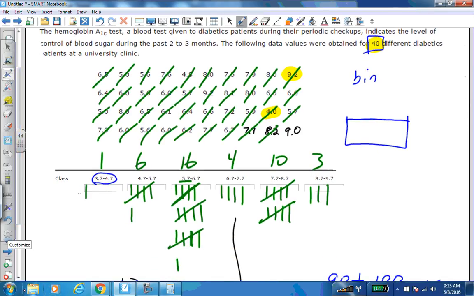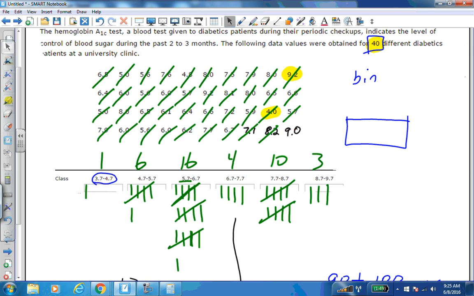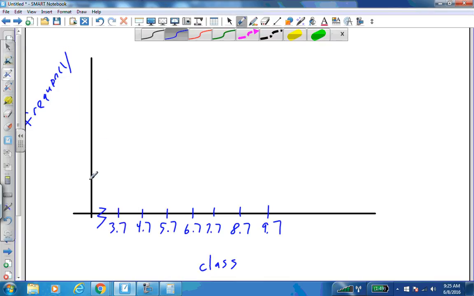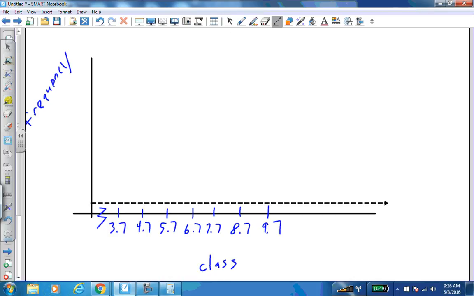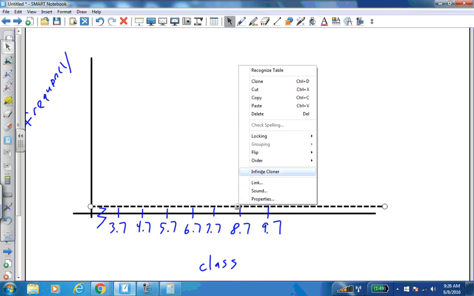Now our largest value is 16. So on our histogram, we need to be able to go up to 16. So we could say, let's just do this. So that's 1, and then let's copy this.